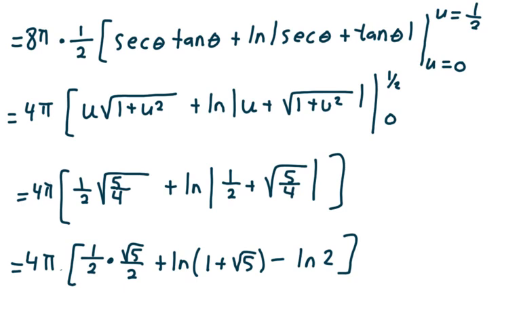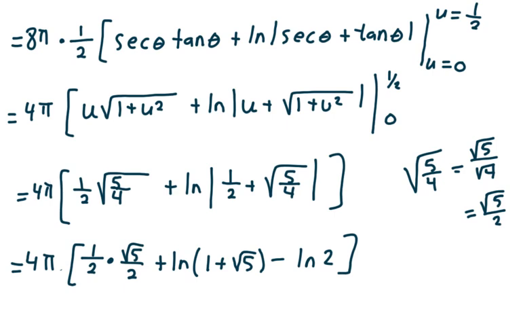And so I did a lot of simplification here. Couple things to keep in mind is that the square root of 5/4 is the square root of 5 divided by the square root of 4, which is square root of 5 over 2. And so this is 4 pi times the quantity 1/2 times square root of 5 over 2 plus natural log of 1 plus root 5 minus natural log of 2.